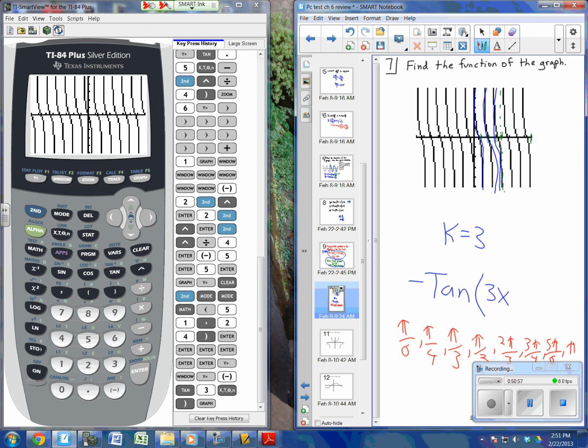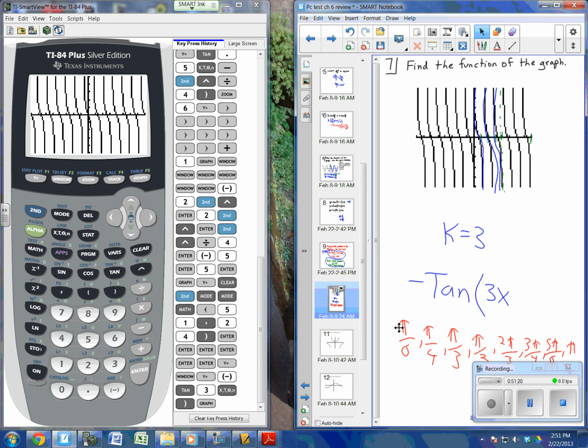It will be one of those. Well, it's not shifted a whole lot. Okay, so phase shift is equal to C over K, and we got to figure out what C is. K is 3, so I'm going to guess I'm going to try pi thirds first.